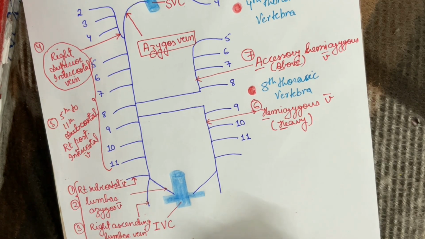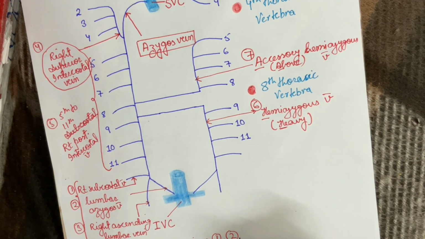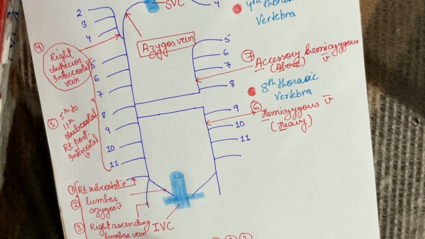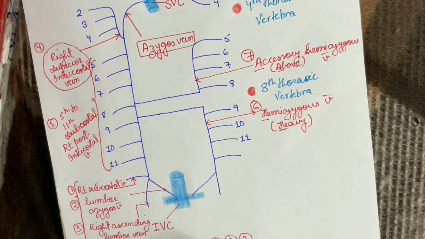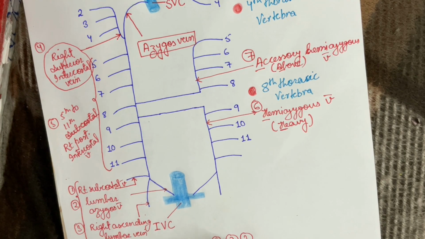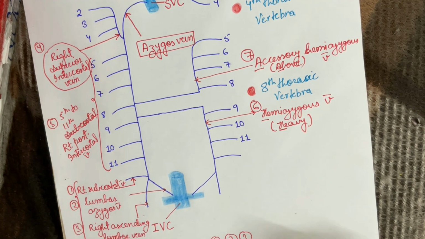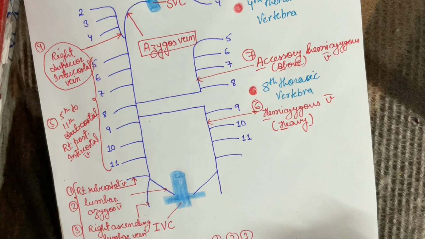Formation of the azygos vein: 1, 2, 3. Tributaries of the azygos vein are 4, 5, 6, 7. The 7th is the right bronchial vein.